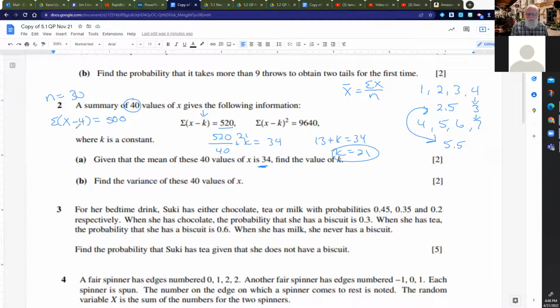Now, if I asked you to find the actual mean, first what I would do is take this 500 and divide it by the number of pieces of data I have. What's the number of pieces of data I have? 30. Okay.